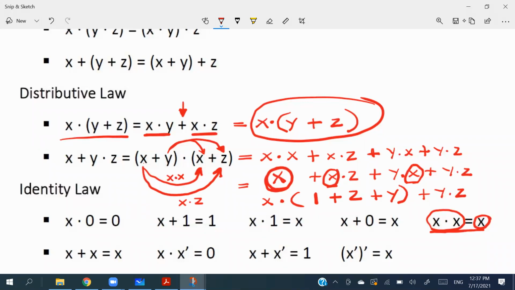Right, and from this theory, it says x plus 1 equals 1. So that means 1 plus z is going to be 1. Later 1 plus y is going to be 1 as well. Right, so that means this entire thing is going to become a 1. Because when we add the variables into 1, it's going to give you a 1 always.